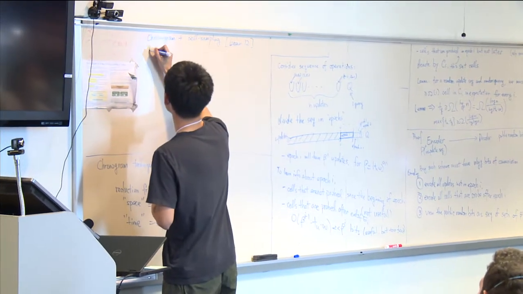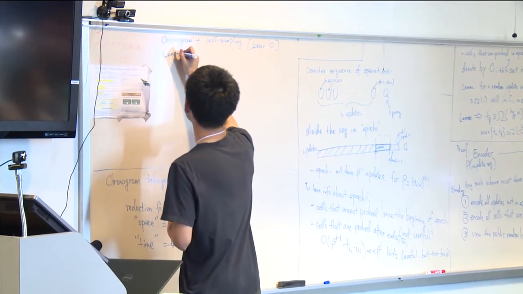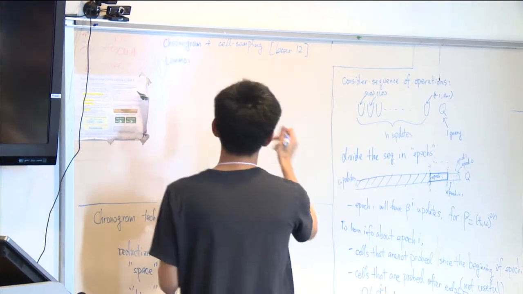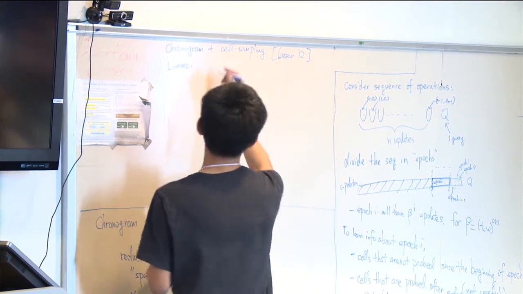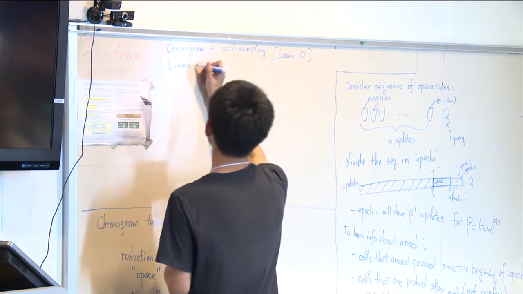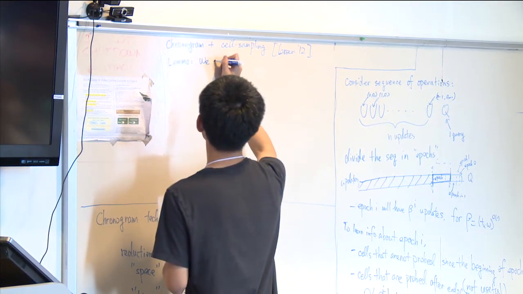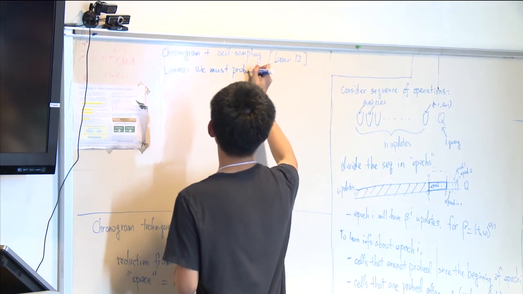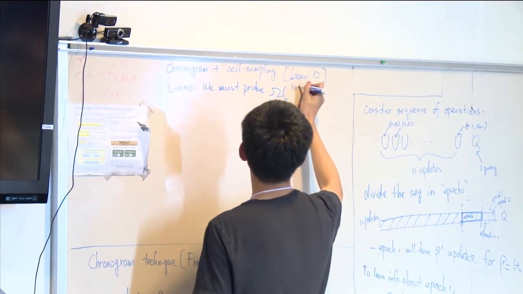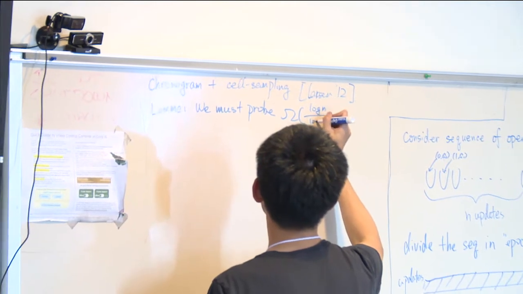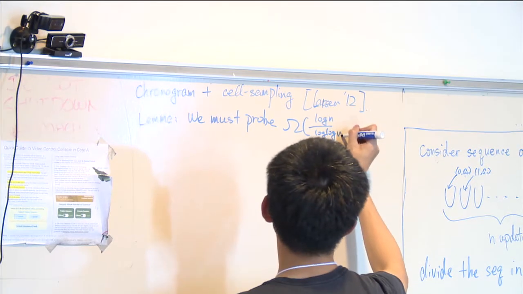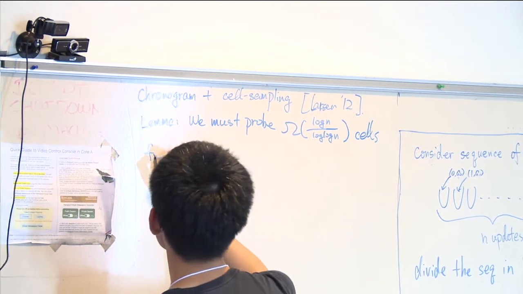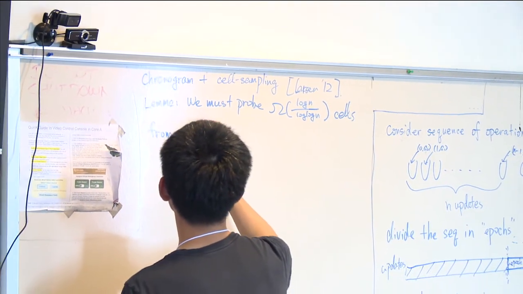So the key lemma that we want to prove is that for this definition of CI, we must probe log n over log log n cells from CI in expectation.